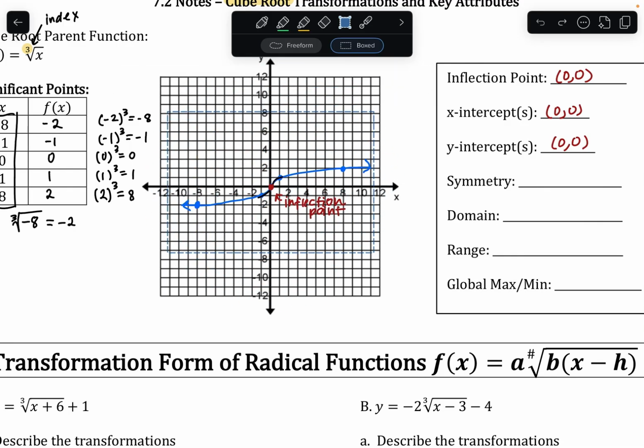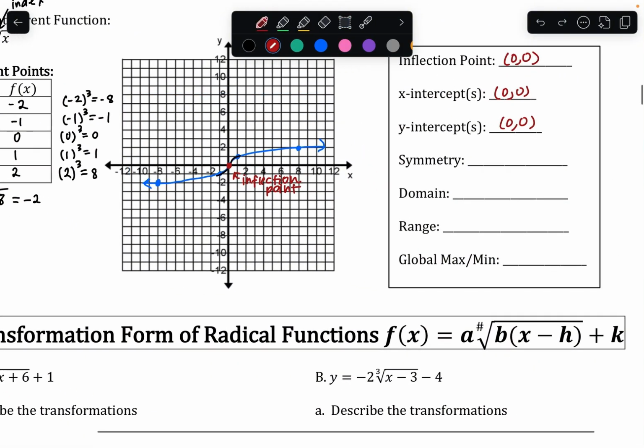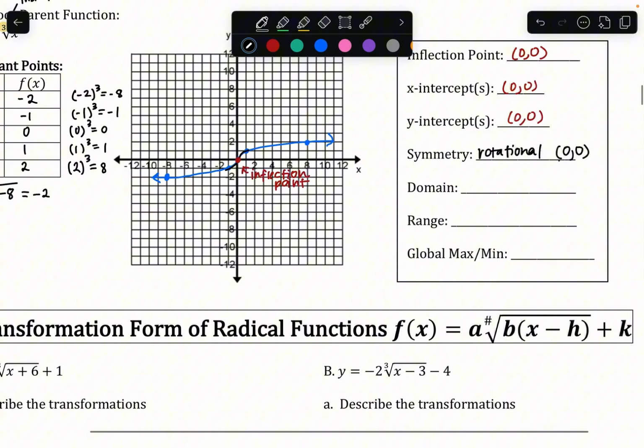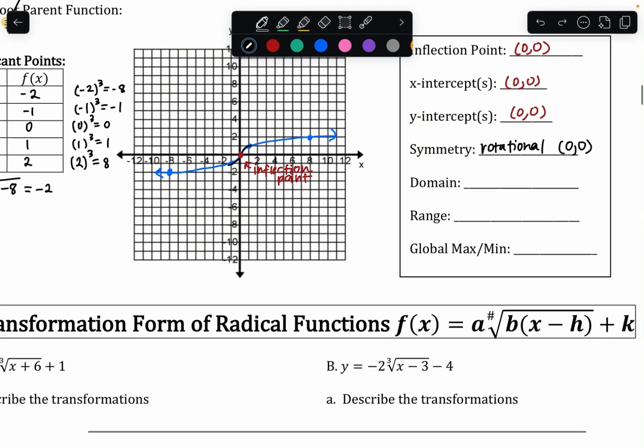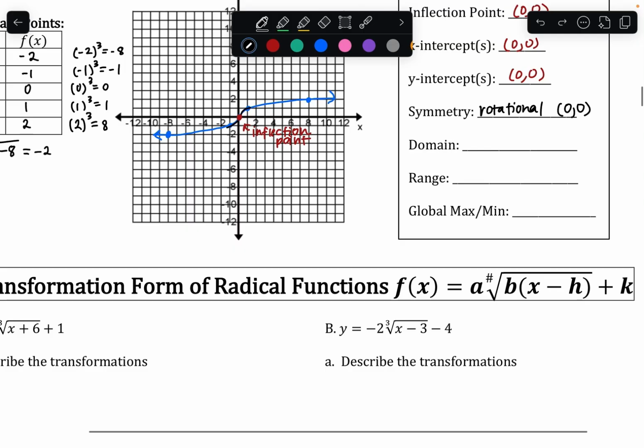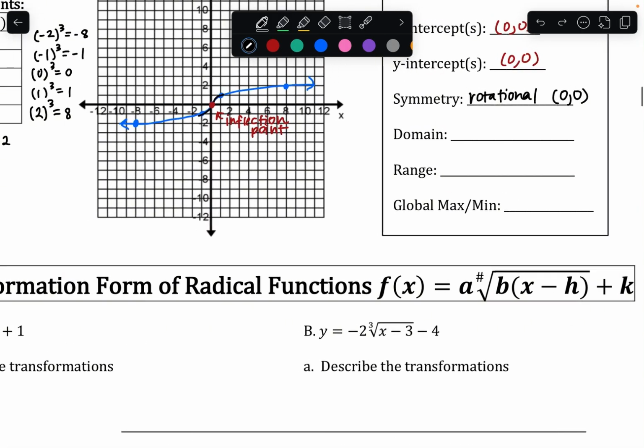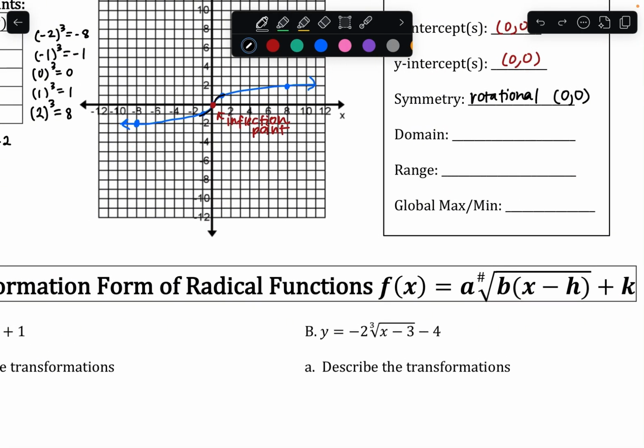And so this graph has rotational symmetry about that center point (0, 0). So anytime you have rotational symmetry, you're going to have a point of symmetry rather than an axis of symmetry. Axis is for reflections. Point of symmetry is for rotational symmetry.